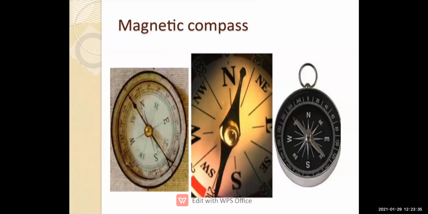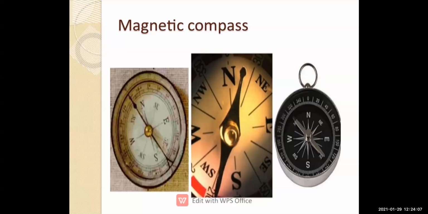So it was the first device to show the direction of north and south. Students, it was also used for finding direction if a person is lost in the forest or in the sea. With the help of this mariner's compass, the person can find the direction and come towards the correct place. So this is about the mariner's compass.